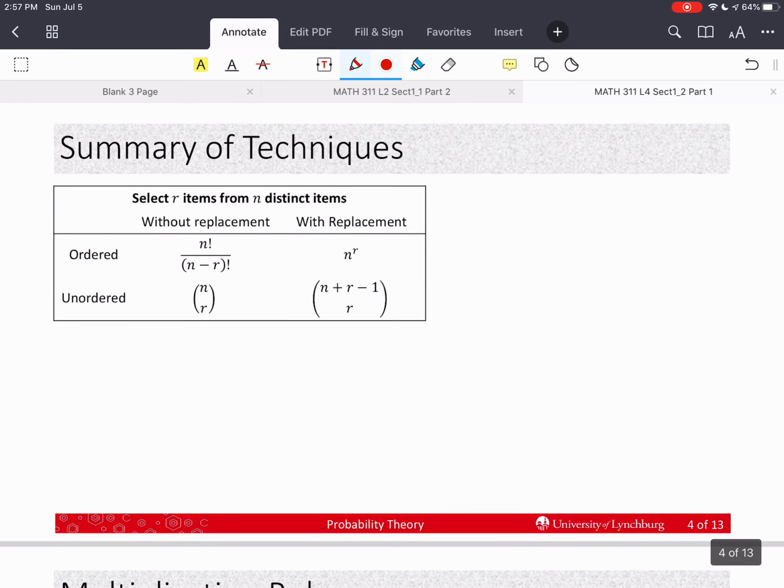So I've given you this really nice summary of the main techniques in this section. I received this the second time I took this, which was in grad school, and I found this very helpful, so I hope you'll put this in your lecture notes. We're trying to select R items from N distinct or different items. We can tell them apart. Again, we can do it without replacement, or we can do it with replacement.